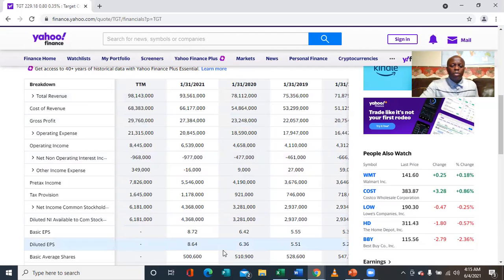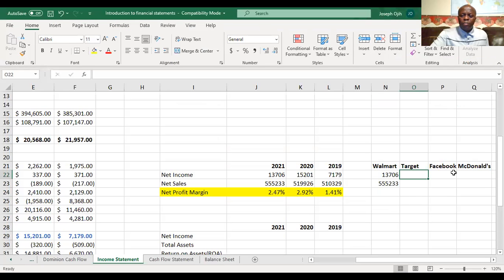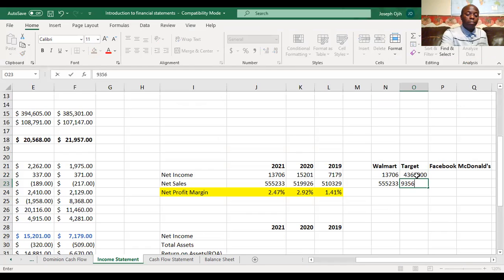The other company we are using is Facebook, but let us put the Target information here. Net income is 4368000. And we have the net sales 1993561.